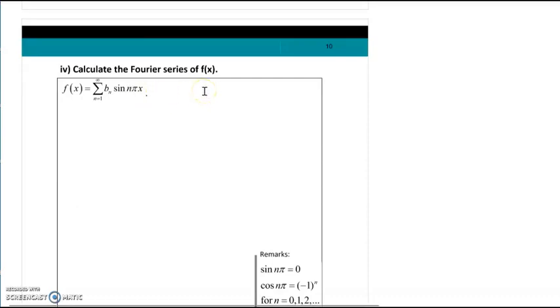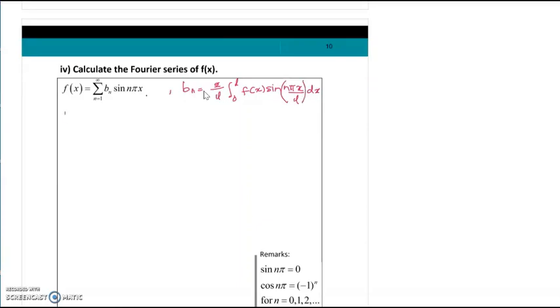So in this case, you just need to compute b_n, where in the formula, b_n is given by 2 over L, integral from 0 to L, f(x) sine(n pi x over L) dx. This whole thing here is basically the element of the sine.